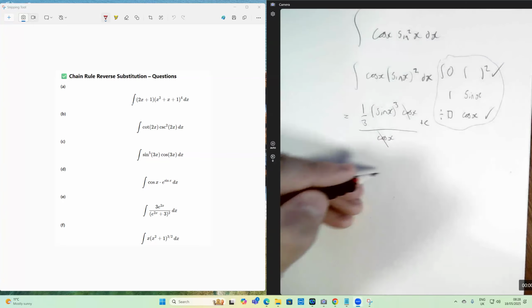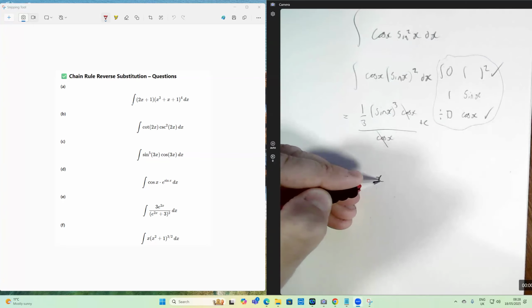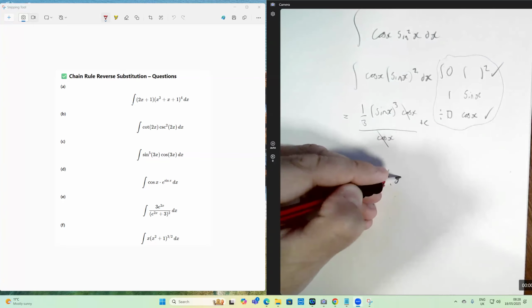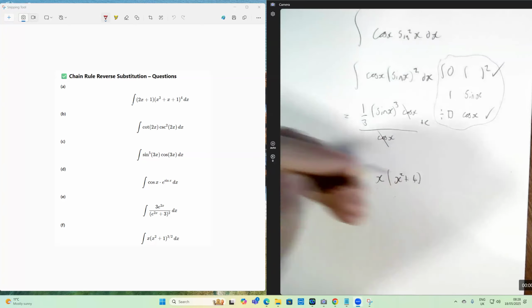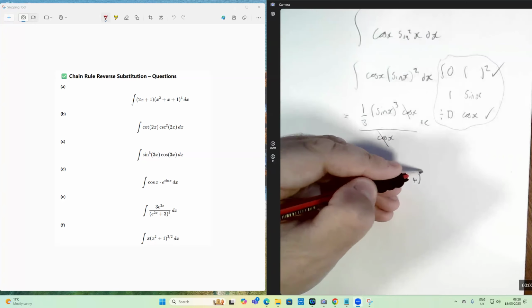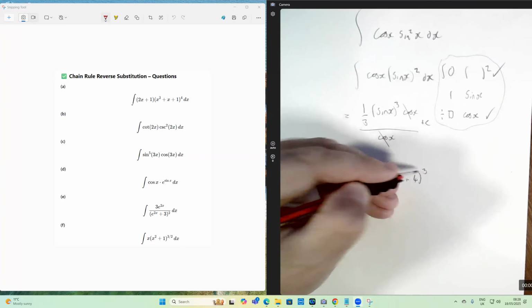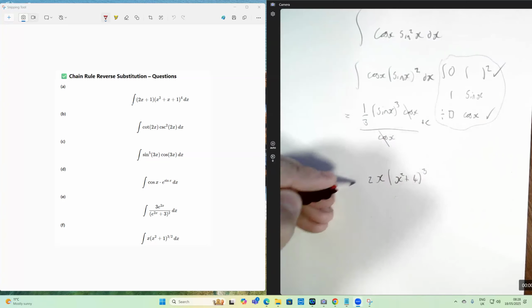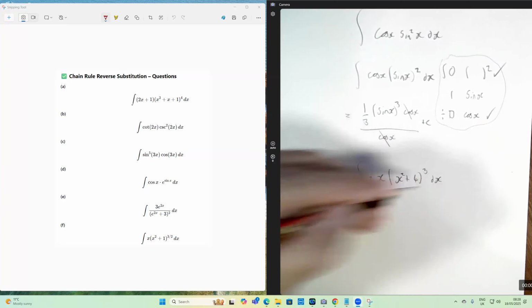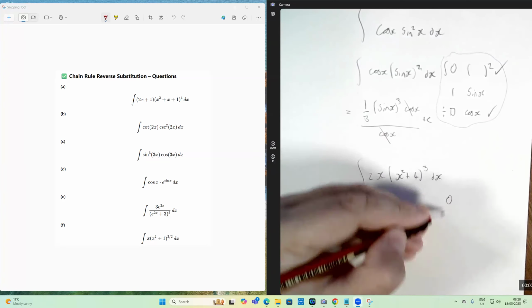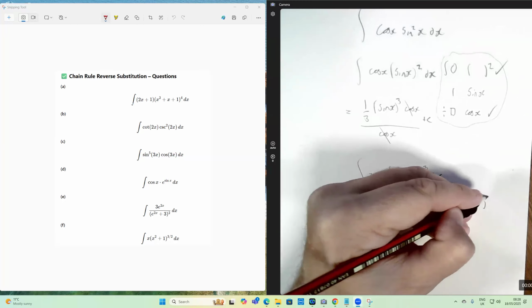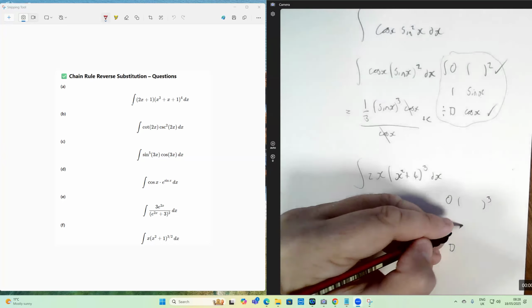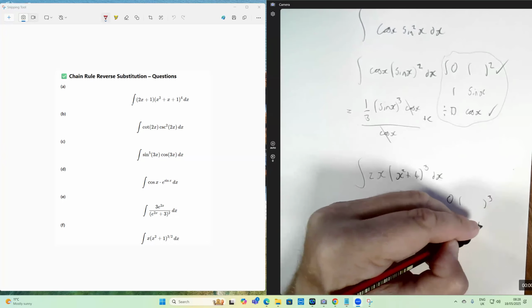Let's look at another one. Let's imagine that we had x times (x² add 4), and let's say this whole thing is cubed, and let's say we've got a 2 there. In this one, my outer is something cubed. My inner is x² add 4.